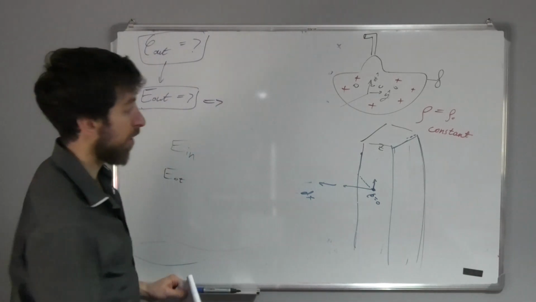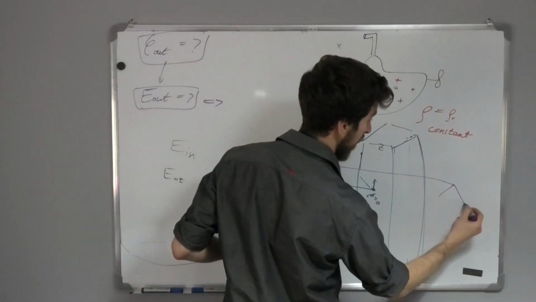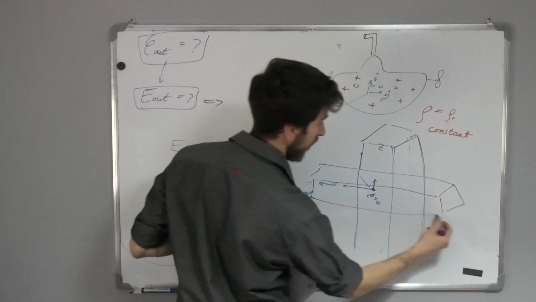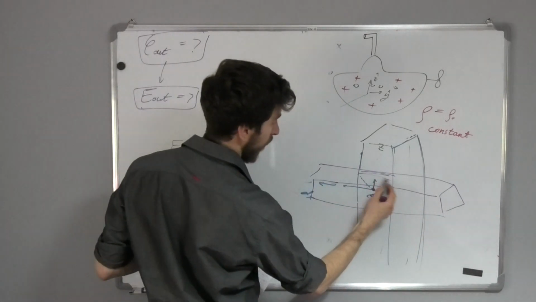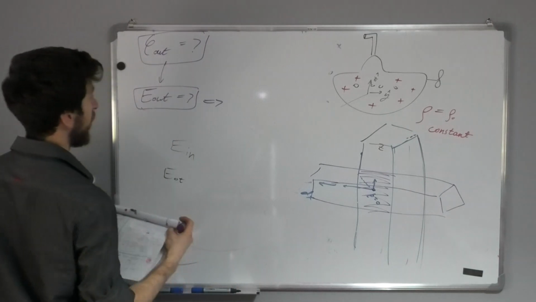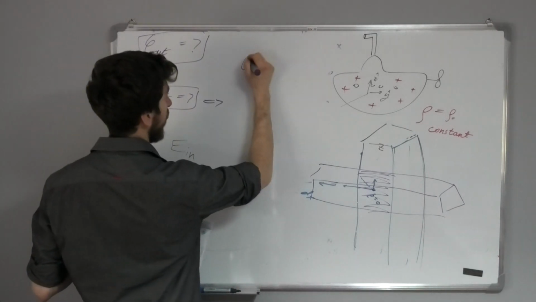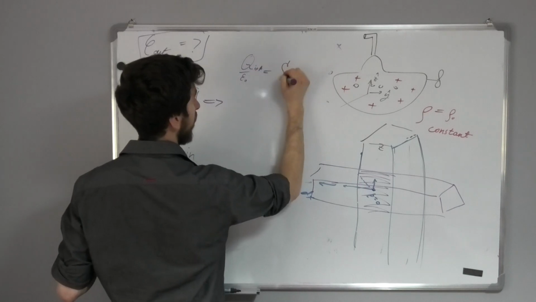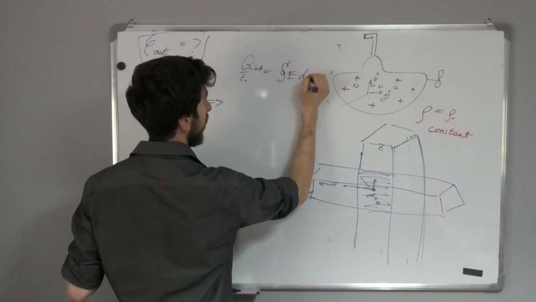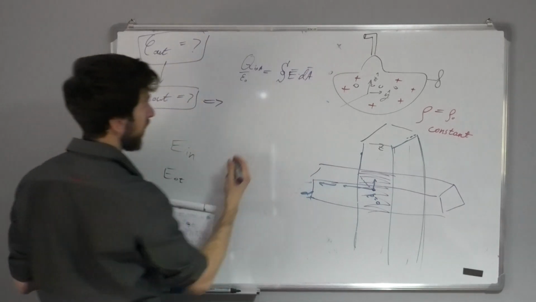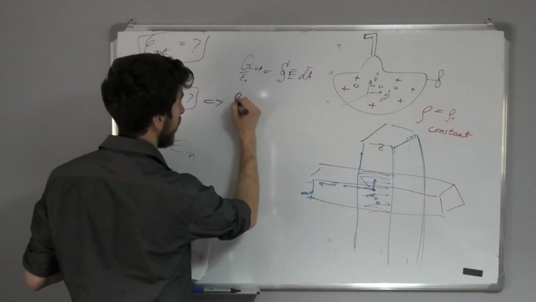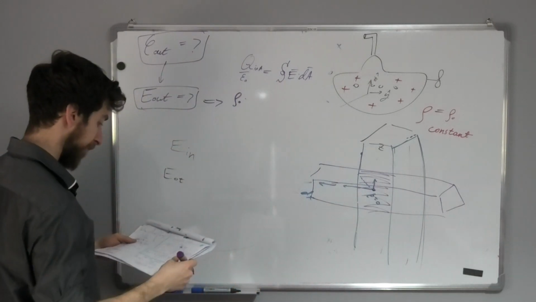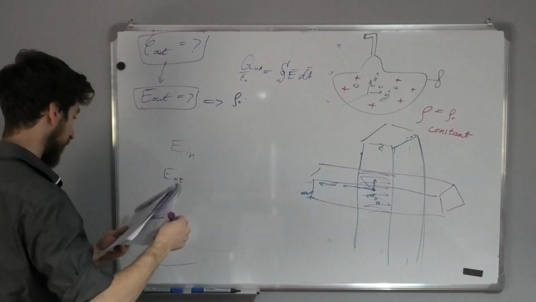We can again use Gauss's law, now with a box that is bigger than the wall, which is going to contain all the charge that I have here. So epsilon 0 times the integral of E dot dA equals Q in. The whole charge inside is rho 0 multiplied by the size of the wall.